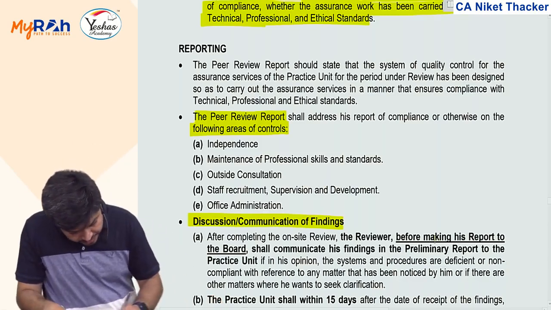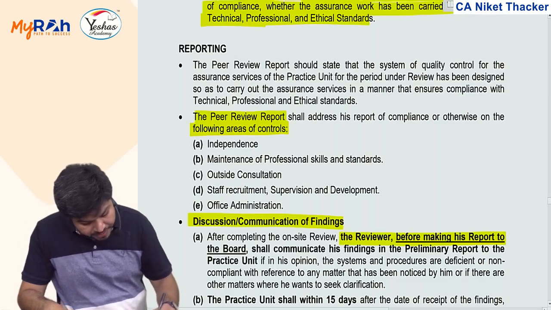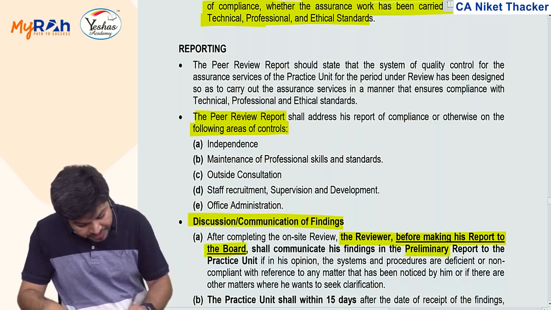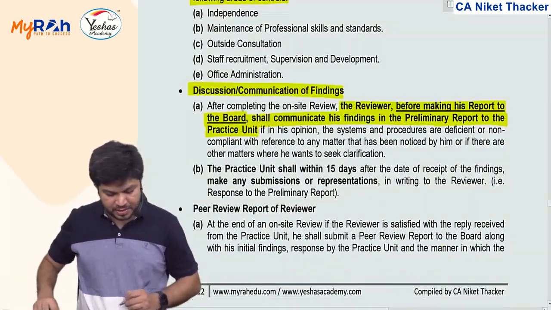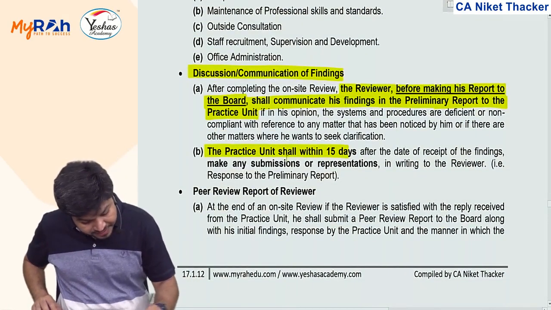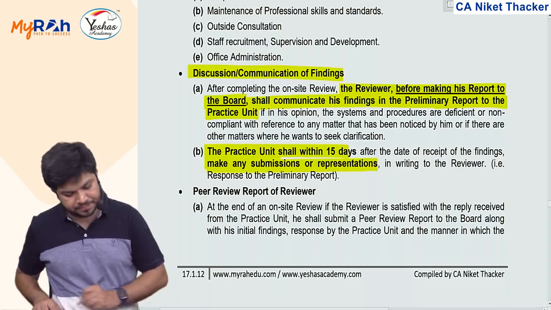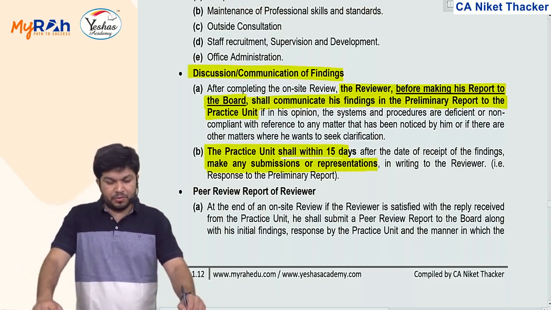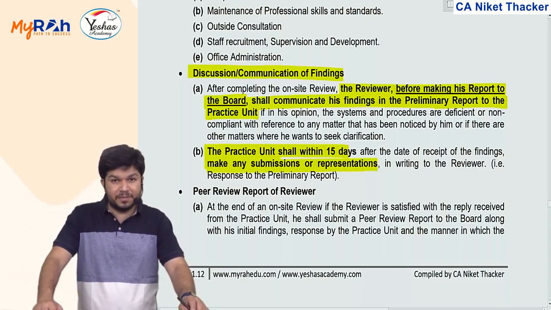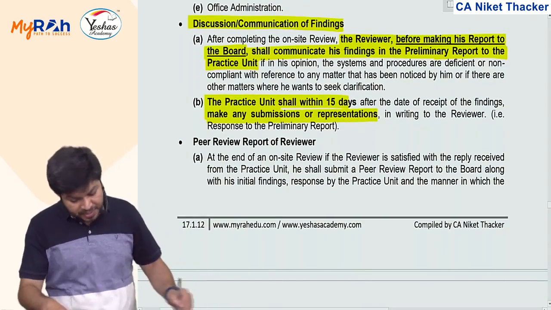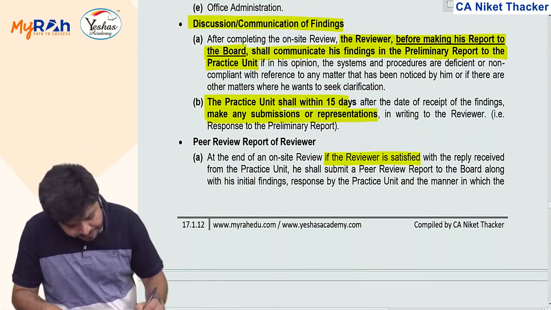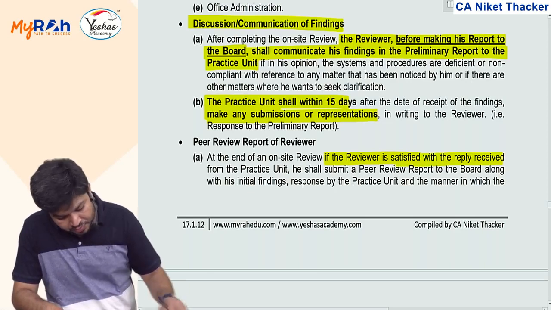Okay, so see, the reviewer, before making a report to the board, communicates the preliminary report findings to the PU. And the PU shall within 15 days submit the representation. Now, if the reviewer is satisfied with the reply, then what will he do?